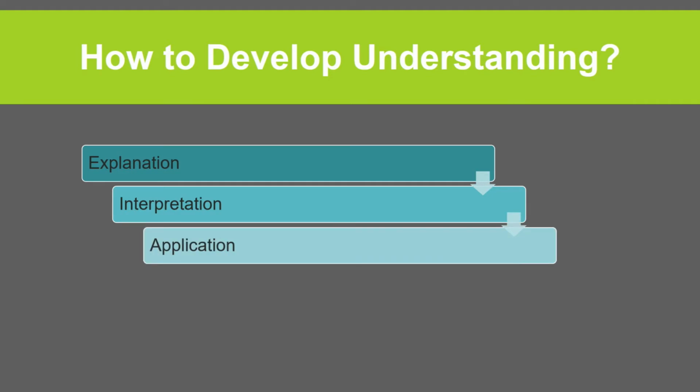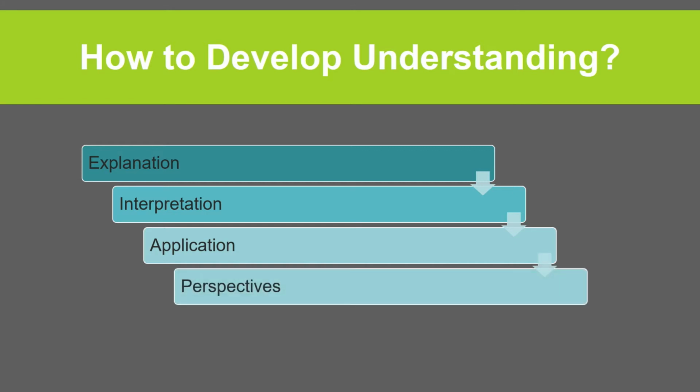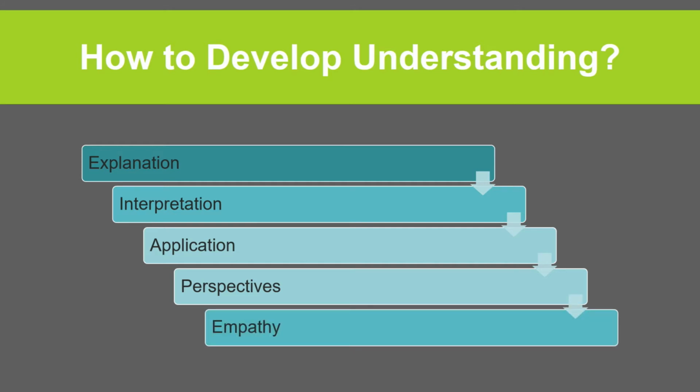If they could apply the knowledge, is another way for them to demonstrate understanding. If they could communicate and share multiple perspectives about the knowledge. And finally, if they can demonstrate empathy regarding the concepts or how the knowledge is affecting people in the real world.